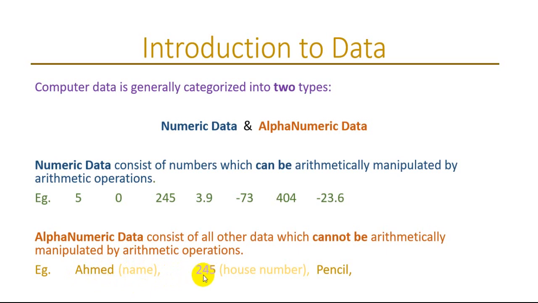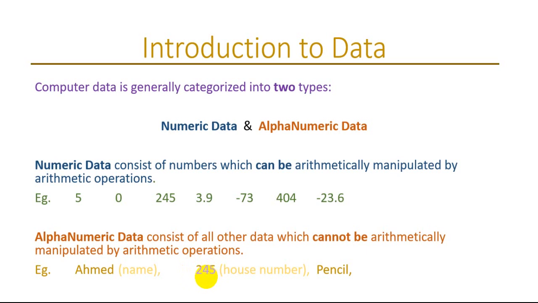In the same way, look at this one. This is not a name, but it's a number. I have said it's a house number: somebody's house number, 245. Do you ever do arithmetic operations with house numbers? Do you say, okay, my house number is 245 and your house number is 246, therefore your house is bigger than mine?